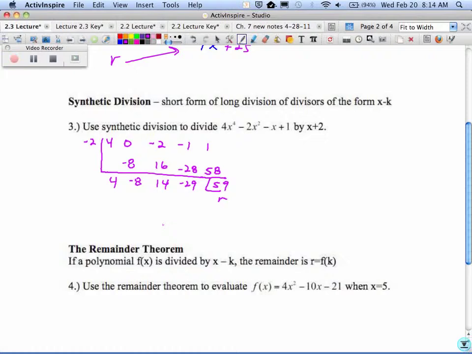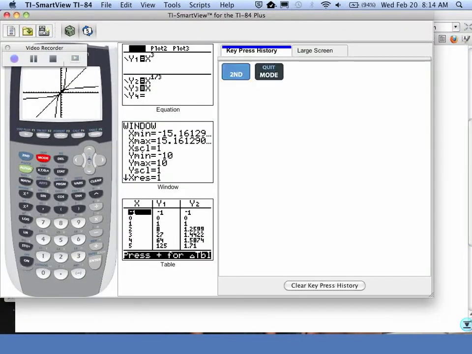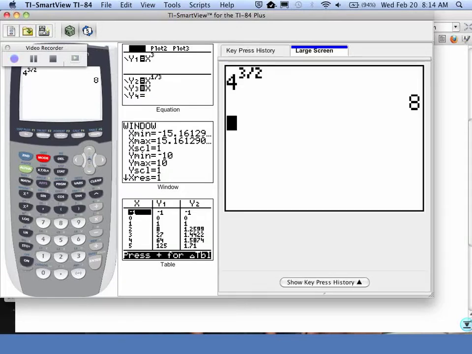Let's do this. I'm going to set up the calculator for now. What's the first term? 4x to the fourth.